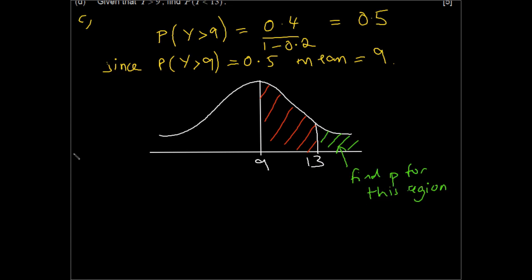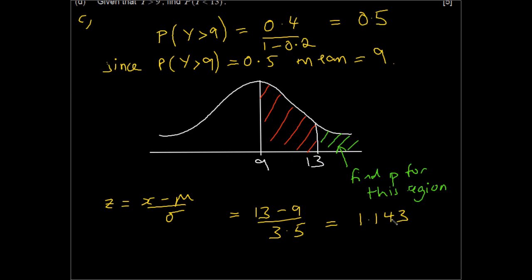Okay, now we're going to do that by saying that the z for that region is going to be x minus mu over sigma. So it's going to be 13 minus 9 divided by 3.5, which is going to give us 1.143.